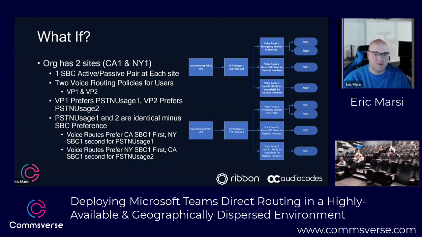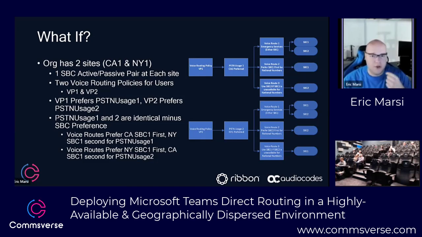So in this very basic scenario, we're going to have voice routing policy 1 and voice routing policy 2. We're just going to make it simple. We're going to have a single PSTN usage for each, and then voice routes in each. Now, voice route 1 is going to be, again, to emergency services. We're saying, get out to emergency services. We don't care what SBC you go out, whether SBC 1 or SBC 2. We're going to get you out to the emergency services.